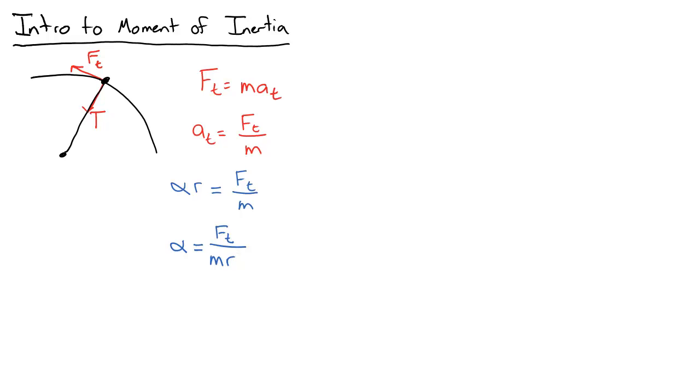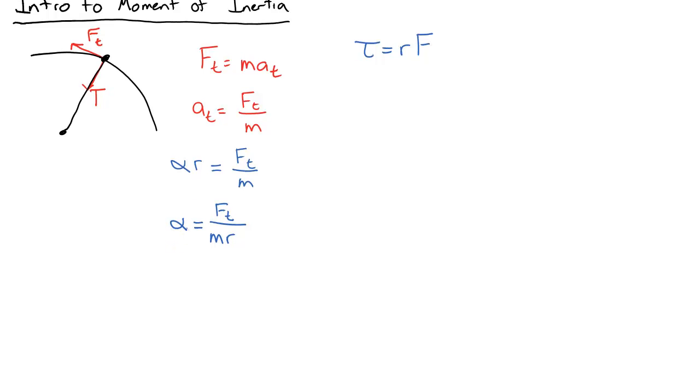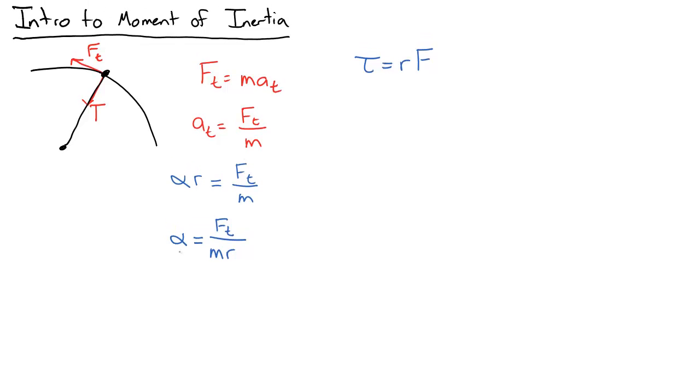Just to keep going from here, I also know that the torque is equal to the distance from the axis of rotation times the force that's being applied that causes that rotation. So if I relate these two equations, the angular acceleration and the torque, I'm just going to substitute.